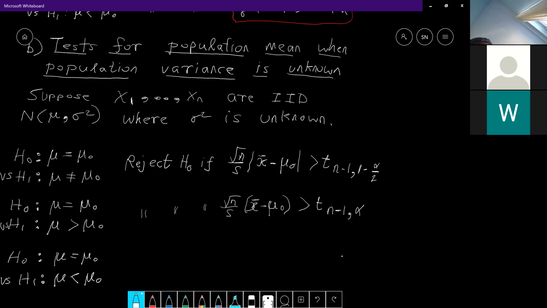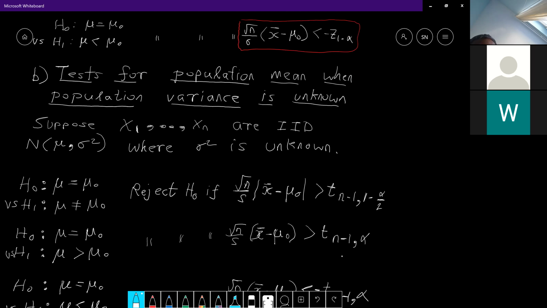For the third one, root n divided by s times x bar minus mu zero less than minus t n minus 1 alpha. So these are the three different rules for the three different hypotheses.